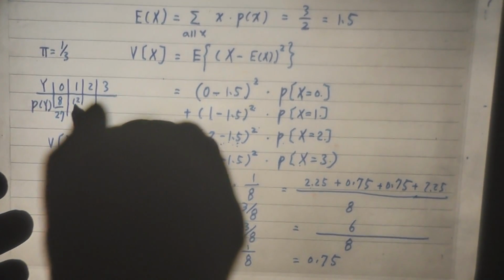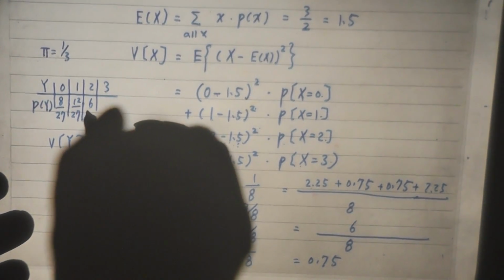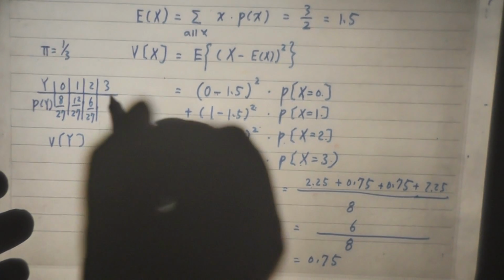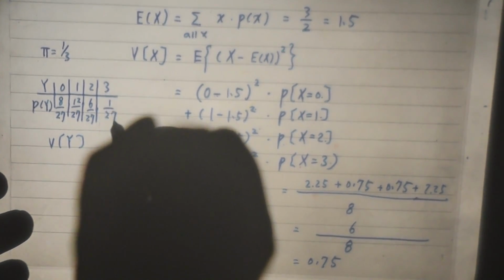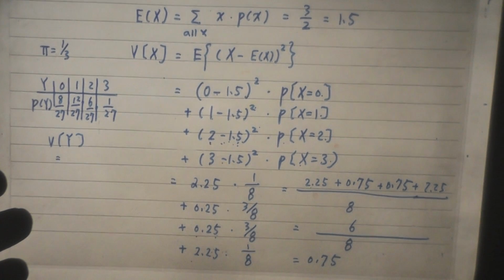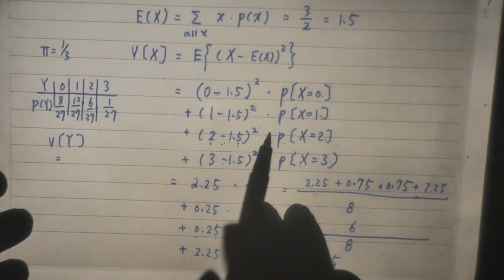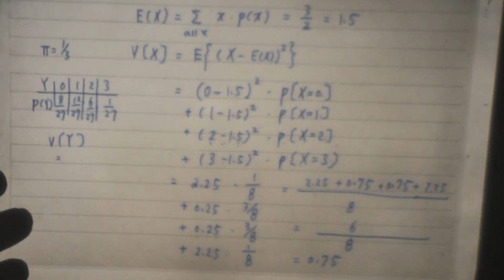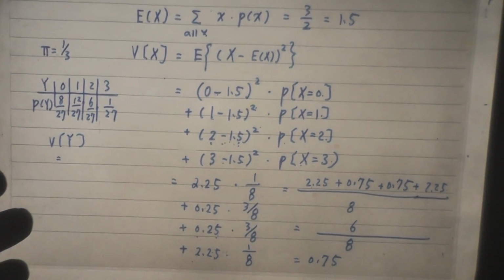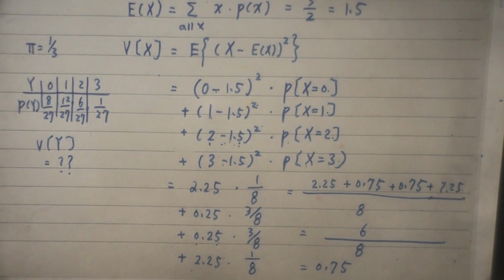And this is 12 over 27. And next one is 6 over 27. And the very last one is 1 over 27. Okay? So what is variance of Y? Well, try to follow the same procedure I just showed you. Try to find it yourself. Okay? That's it.